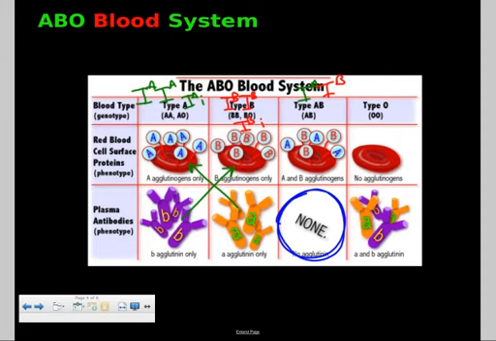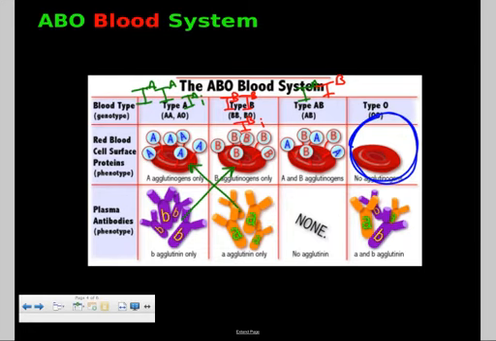Because we have both types of proteins, in those individuals, their blood plasma has no antibodies. If they made antibodies, it would attack its own red blood cells and it would be dangerous. So individuals with the genotype AB are going to have the phenotype AB blood, and they produce no antibodies.